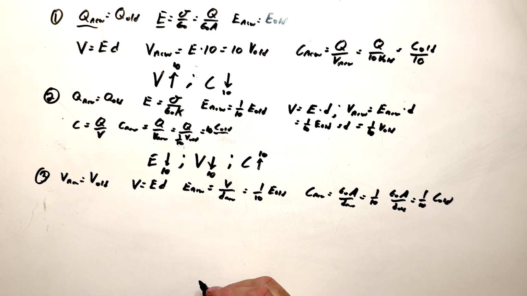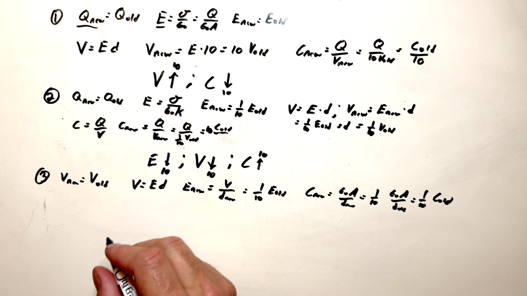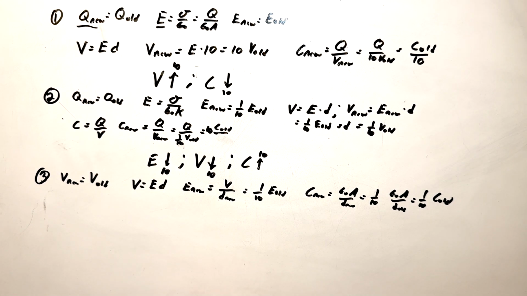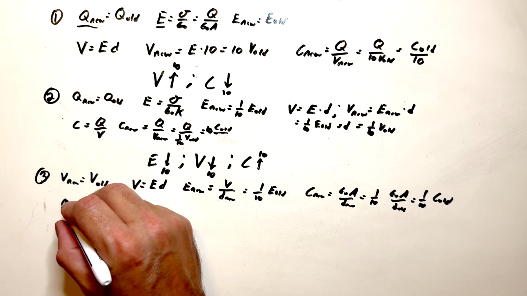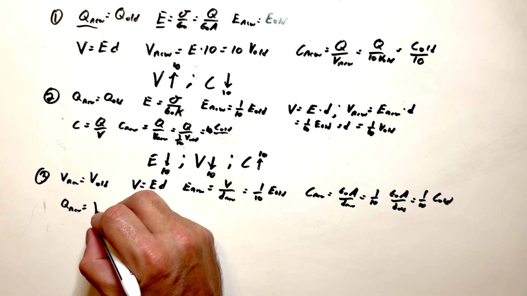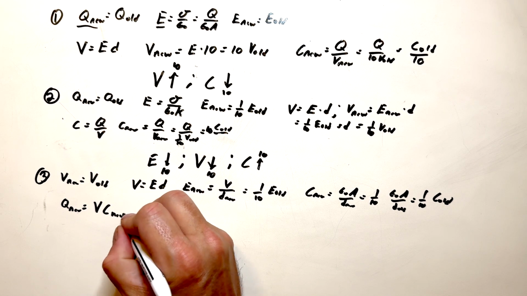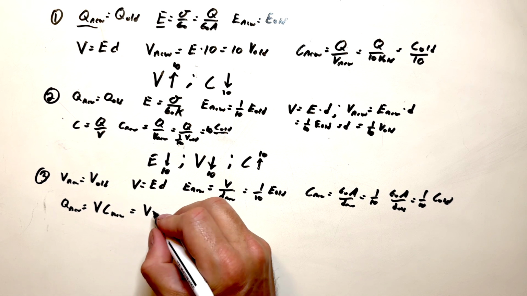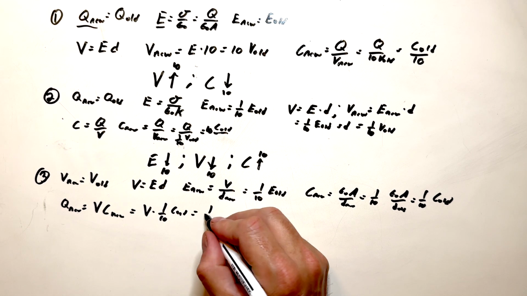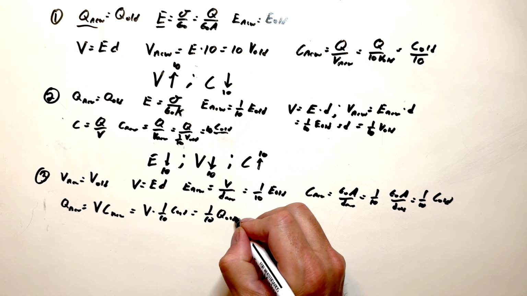What about the charge? Well, this time there is going to be a change in the charge. Before, in 1 and 2, it was always a constant. This time, the charge can change. So Q new is going to be equal to V times C new, which is V times 1 over 10 C old, which is equal to 1 over 10 Q old.